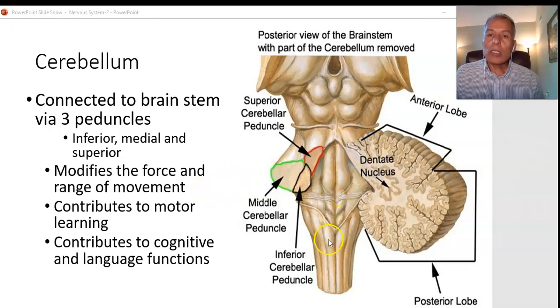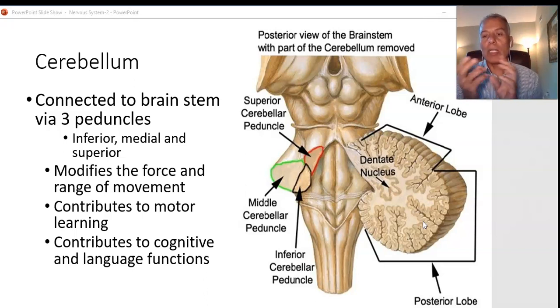Now we have finished the brain stem. We are going to look at the cerebellum. So the cerebellum is like a little brain by itself. And it has centers basically for everything.